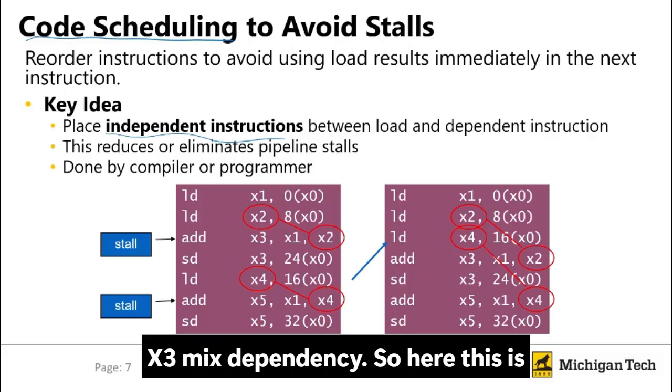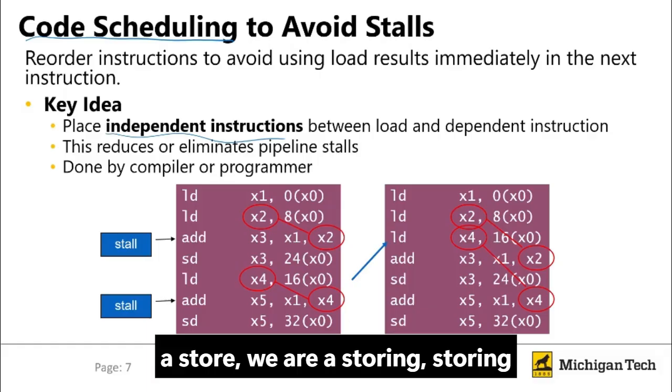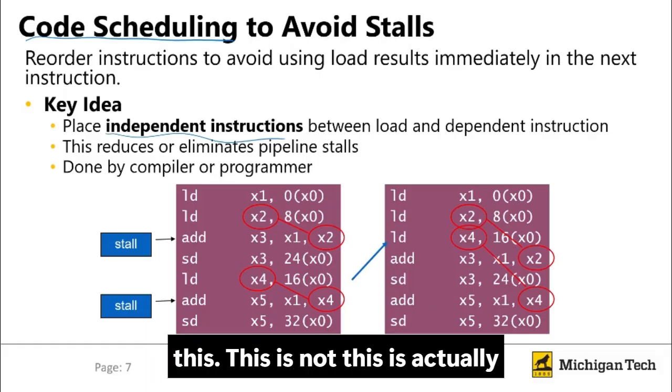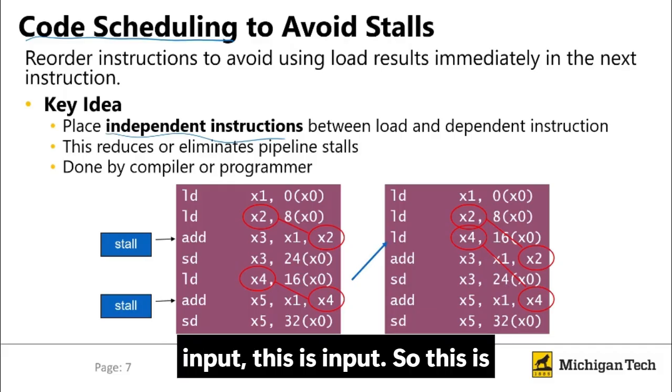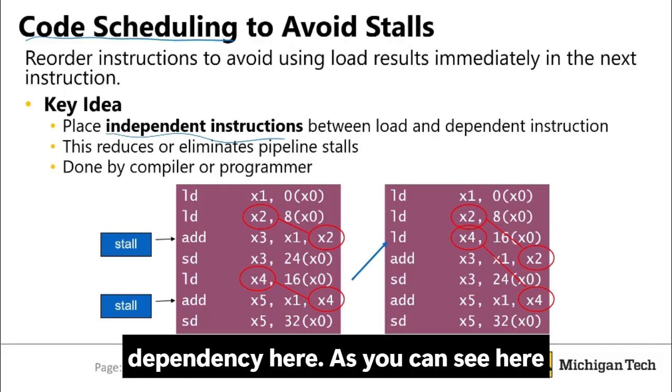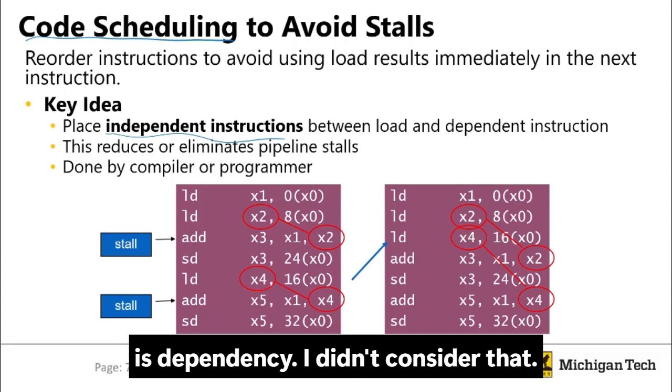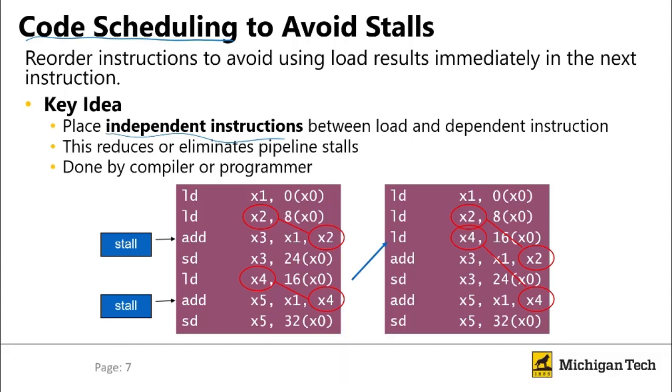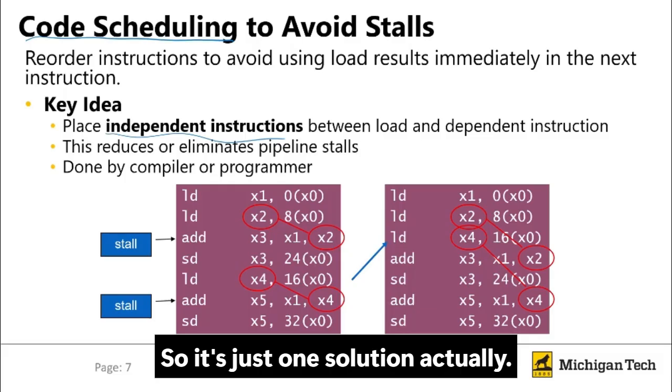So here, this is a store. We are storing this. This is actually input, so this is dependency here. As you can see, here is dependency. I didn't consider that. So it's just one solution actually.